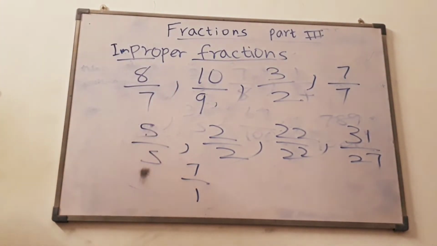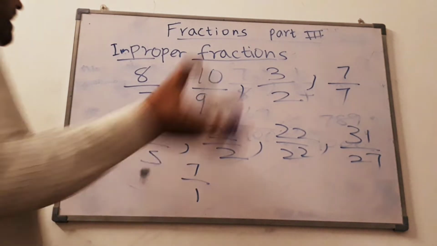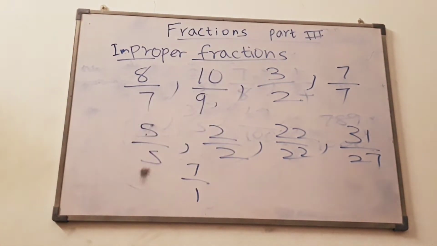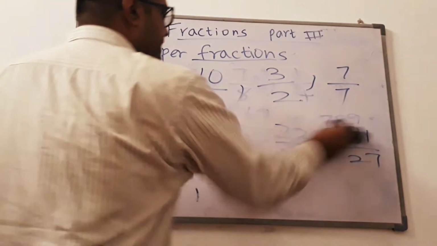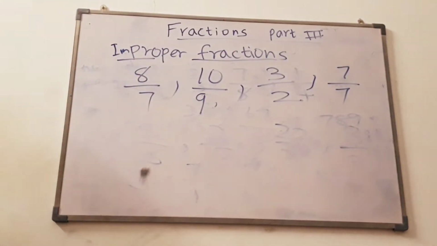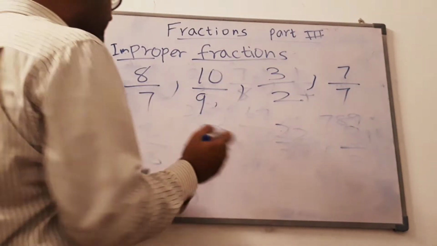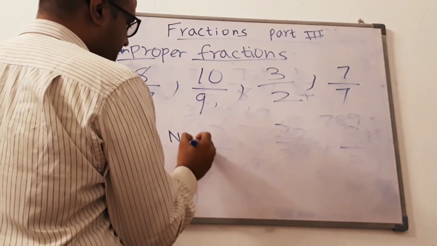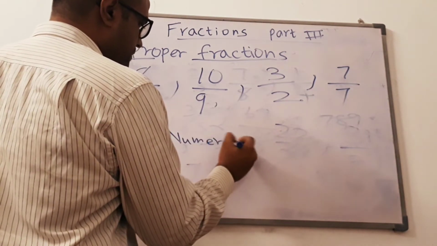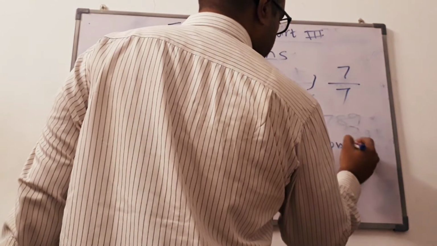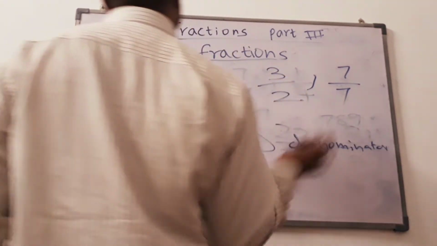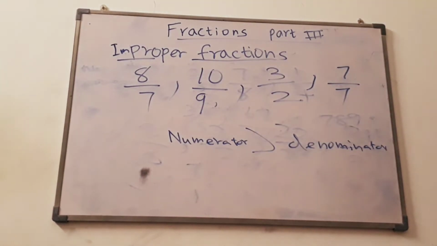So the figures where numerator is greater than the denominator are improper fractions. When numerator is greater than the denominator, we call them improper fractions.